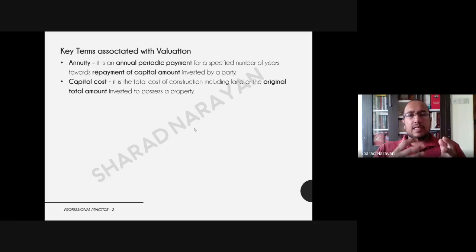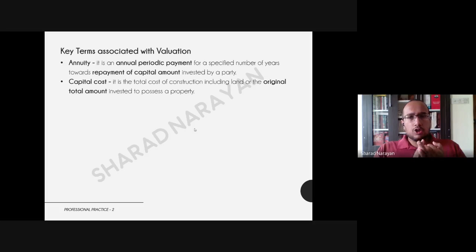Capital cost is basically the total cost of construction, including land, or the original total amount invested to possess a property. If you remember from your fifth semester economics, we talked about land, labor, capital, and entrepreneurship, the four factors of production.